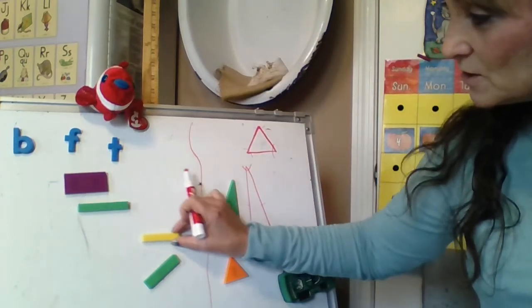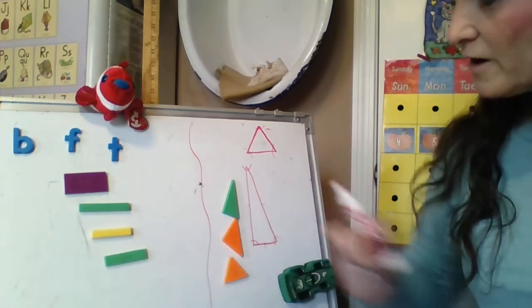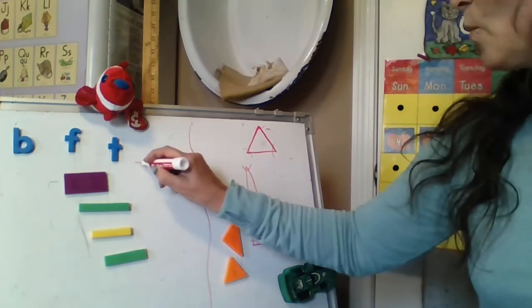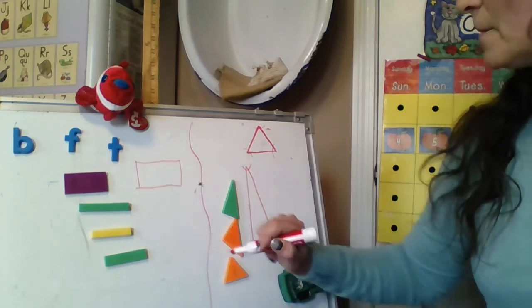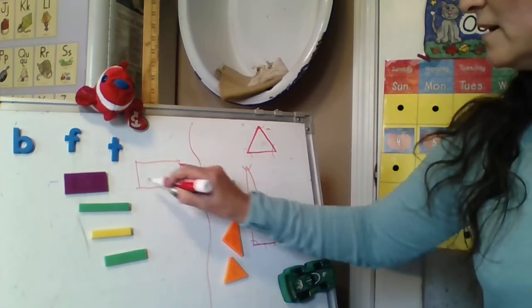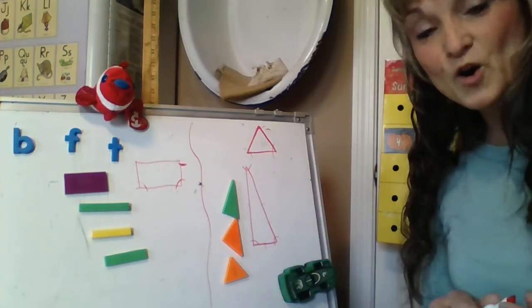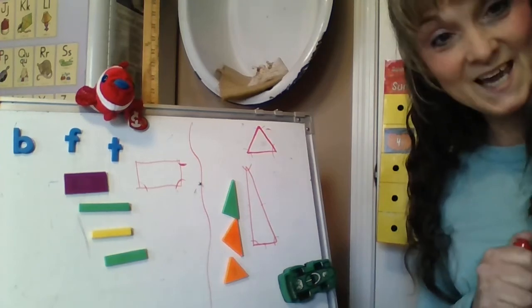All of these do. Some of them are shorter, some are longer, but they all have 4 straight sides. They also have what? 4 vertices. 4 corners. This is called a rectangle.